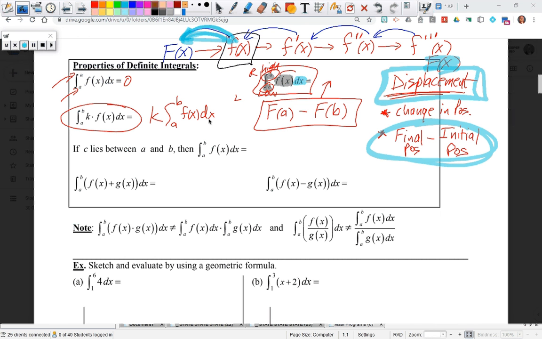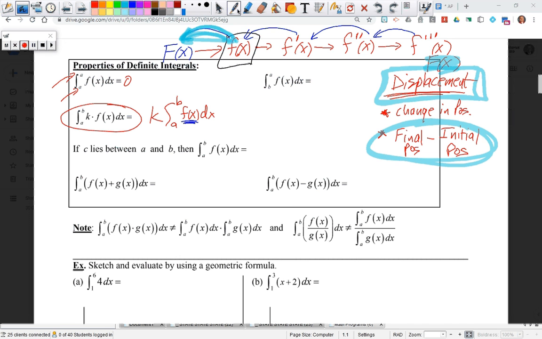Okay, here we go. What is the integral of lowercase f of x? Uppercase F of x. But it's a displacement. There's 2 of them, right? This is going to equal, let me write it over here so you see it cleaner and better. This will equal, and this is how I want you to write it, f of something minus f of something. Can someone tell me what goes in the first parentheses?